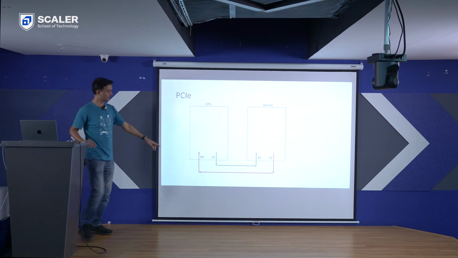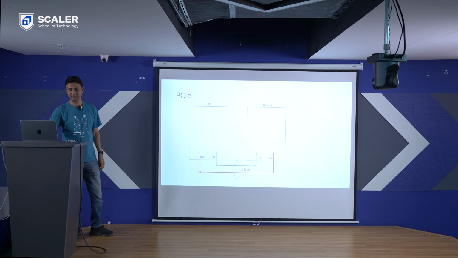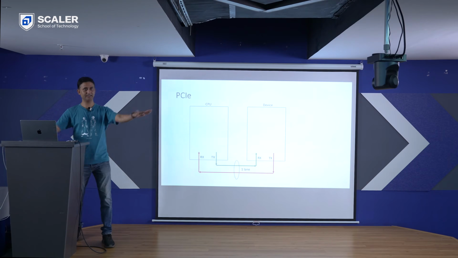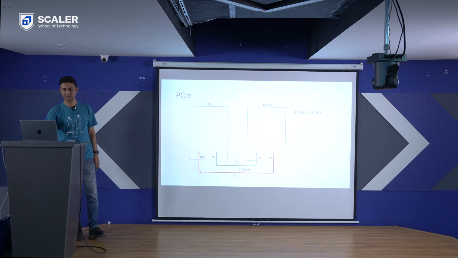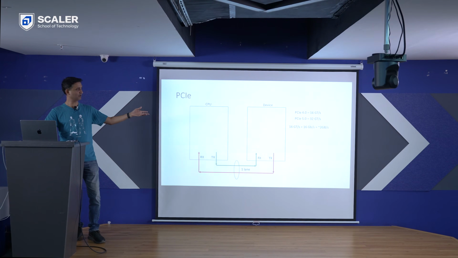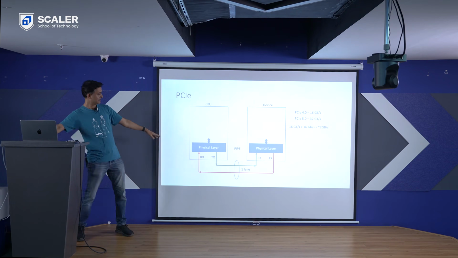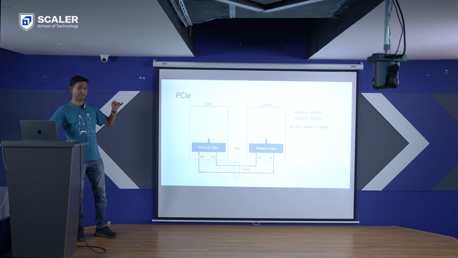In PCI Express, each lane is composed of one link sending and one link receiving, at 16 giga transfers per second. PCIe 5 doubles it. We've already talked about this. PCI Express is a serial link, remember.